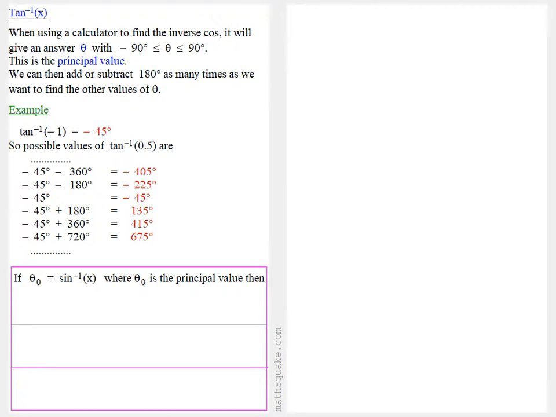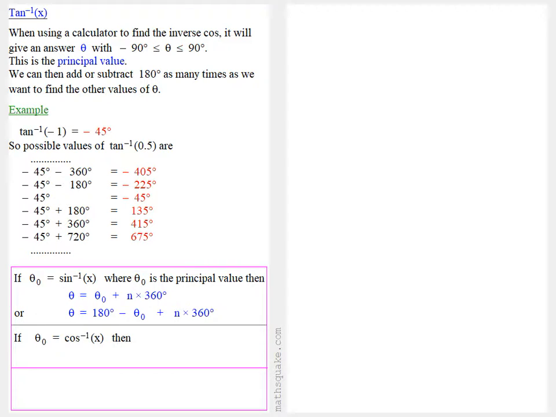So when we're trying to find the inverse sine, when we do it on our calculator, we'll get a value theta naught, which is the principal value. The other important value is 180 minus theta naught. And then all the others will be theta naught plus n times 360 degrees, or 180 minus theta naught plus n times 360 degrees.